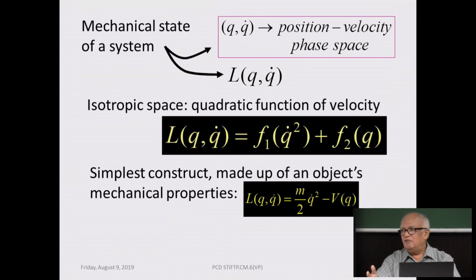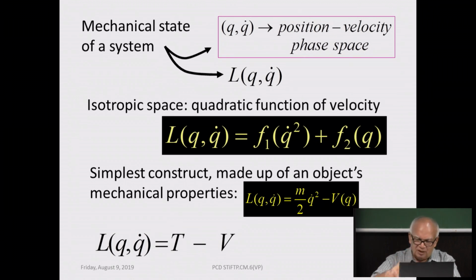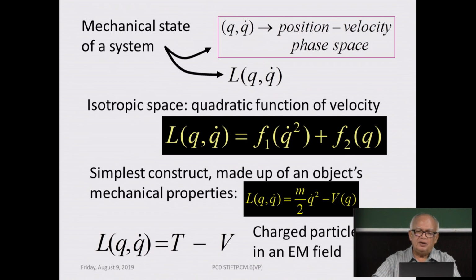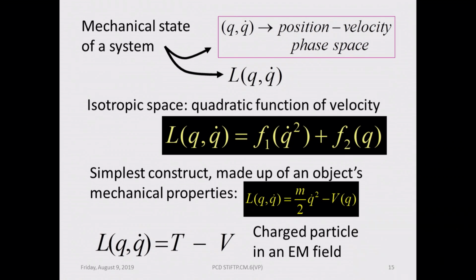These are the straightforward functions of position and speed, and you prefer it to be a function of the square of the velocity rather than the velocity itself. So just keep that point in mind, and we will see why these functions have to be this later in this course. So this is the Lagrangian, which is T minus V. And if you define the Lagrangian in terms of T minus V like this, you can apply it to other things in mechanics, including interactions which are electromagnetic in nature.